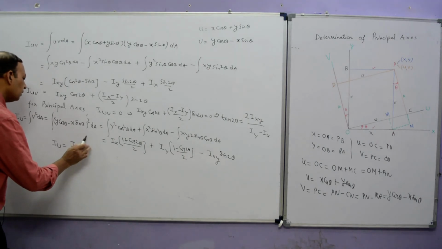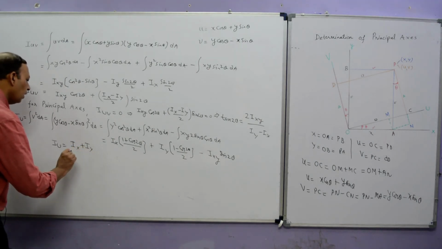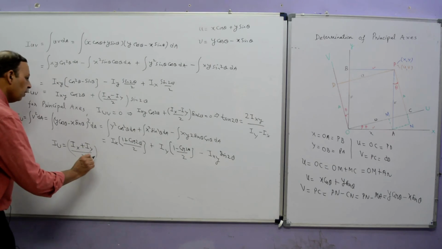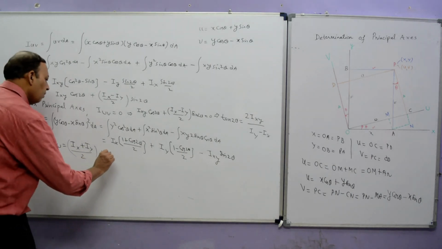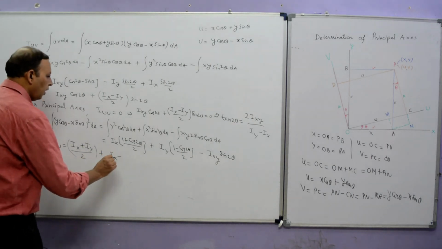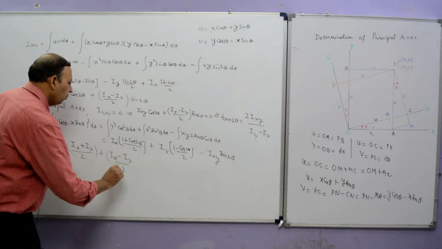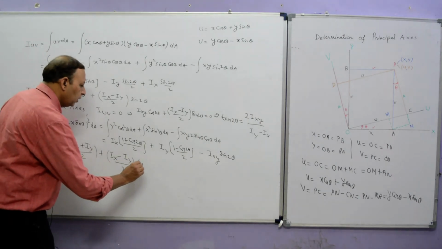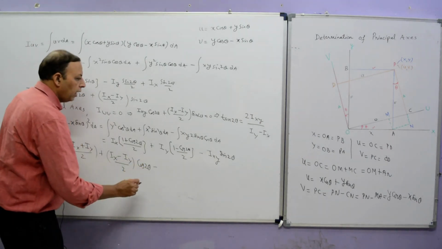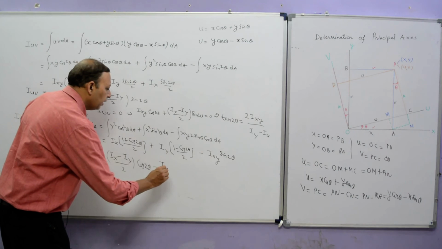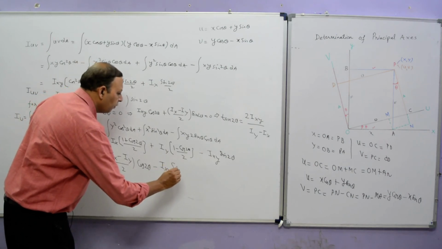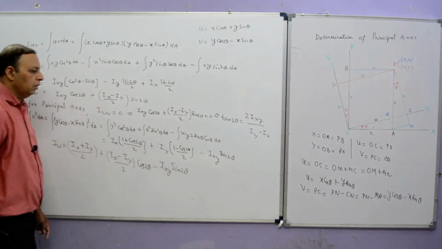So the final formula of Iu equals Ix plus Iy by 2 plus Ix minus Iy by 2 cos 2 theta minus Ixy sin 2 theta.